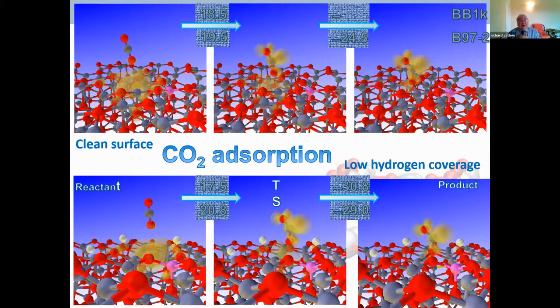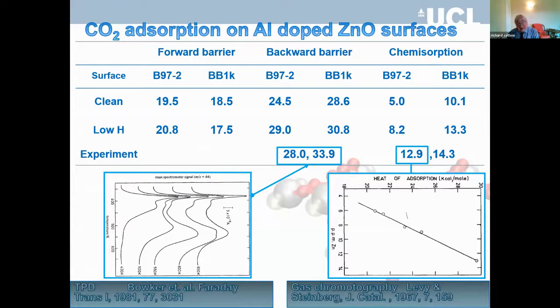What we're doing is bringing a CO2 molecule down over there, and what you can see is the electron goes from the surface into the anti-bonding orbitals of the CO2, and the CO2 bends over, and you're making an activated CO2 minus molecule. That's an absolutely key process in the catalysis, because this activated molecule can then react with hydrogen. And again, we can make comparisons between calculated and experimental energies of desorption. Again, very nice data from Mike Bowker's group from many years ago.